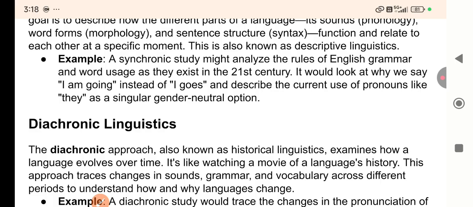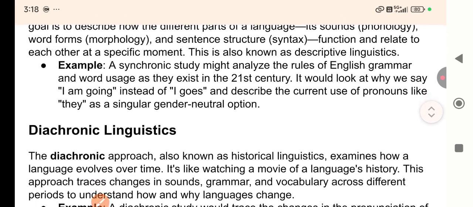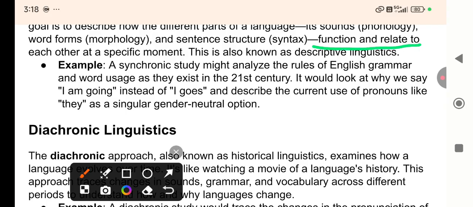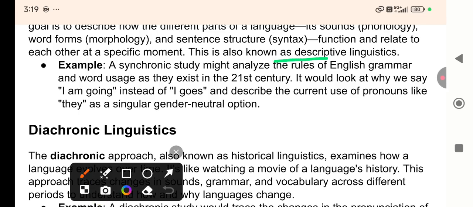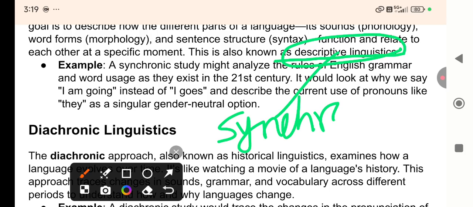So function and relate to each other at a specific moment is called syntax, when we study the function and their relation. This is also known as descriptive linguistics, or synchronic. Both are the same.